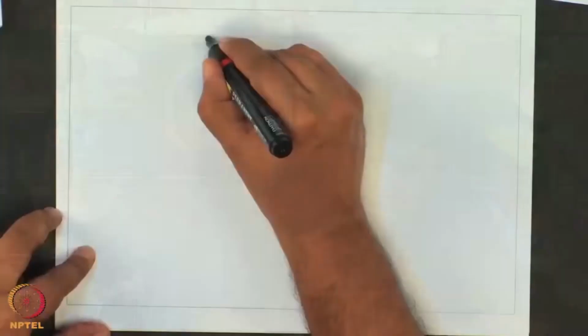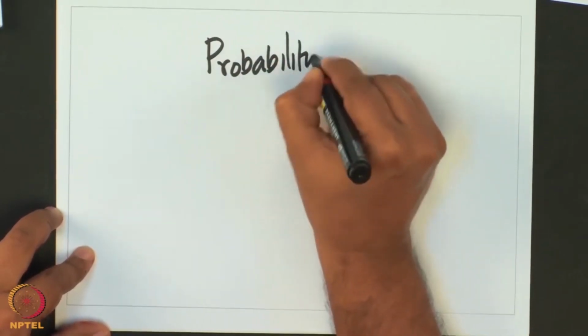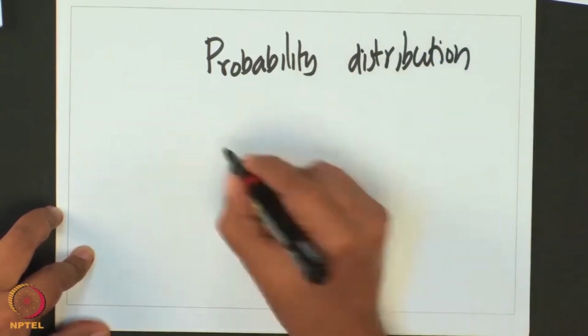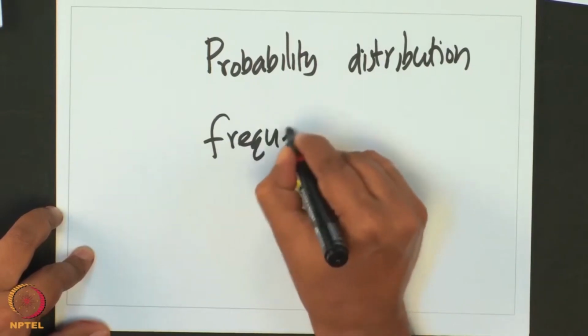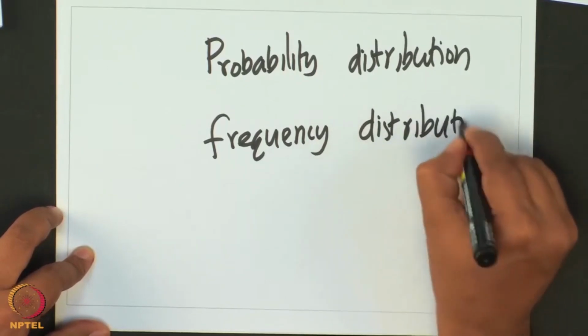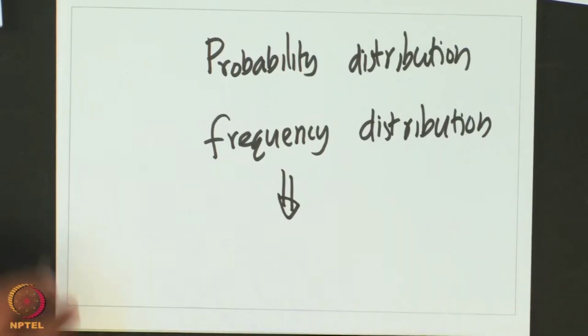This is called a distribution, very often called a probability distribution or frequency distribution. So this is another thing which we would discuss, how these numbers are distributed between some range of our interest.